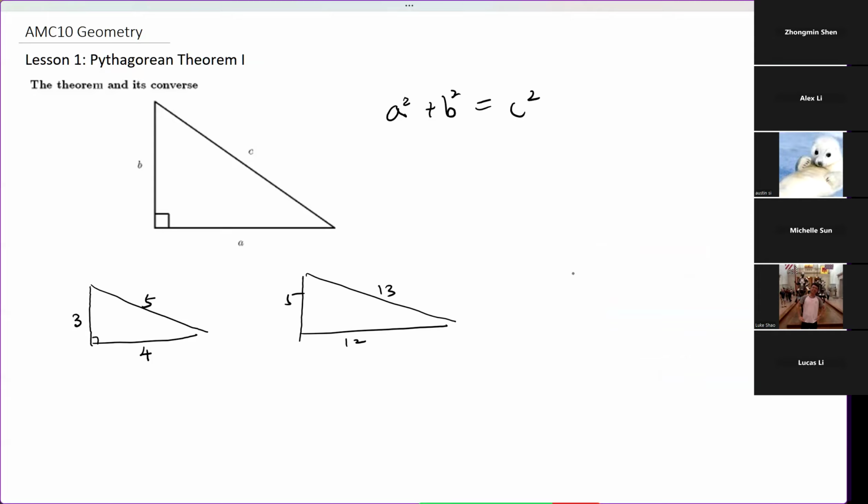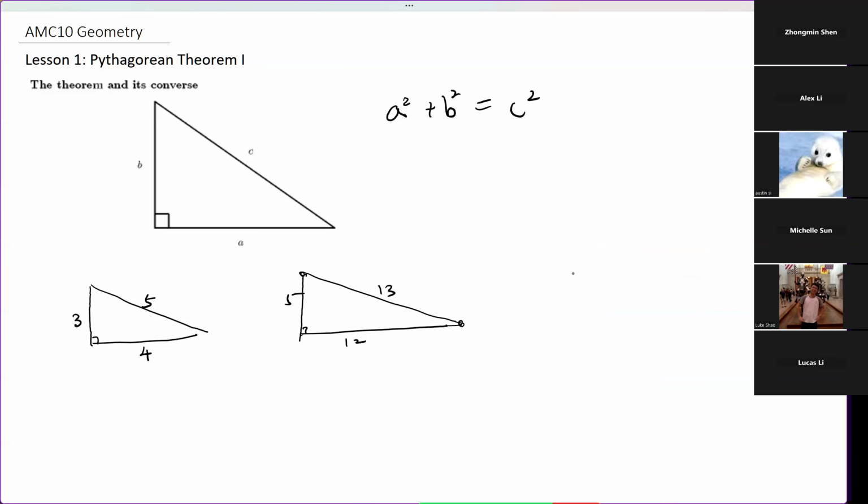Just by accident sometimes, you walk to the north 5 steps, then you walk to the east 12 steps, then you find out that they are about 13 steps away from each other. So most people will just stop there.